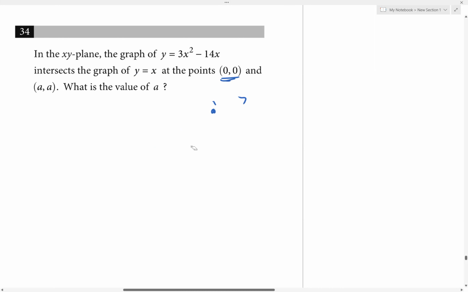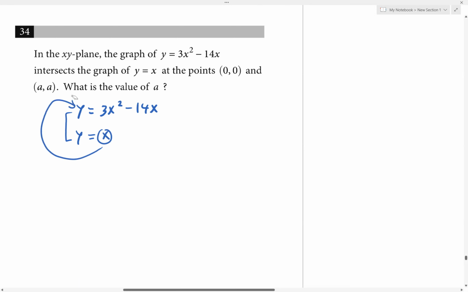Okay, to solve this algebraically, this is like a system of equations, except here the first equation is a quadratic rather than two linear equations. But since they both have y equal to something, we could just go ahead and set them equal to each other, because it's like a substitution. So we're plugging in this x here to replace this y.